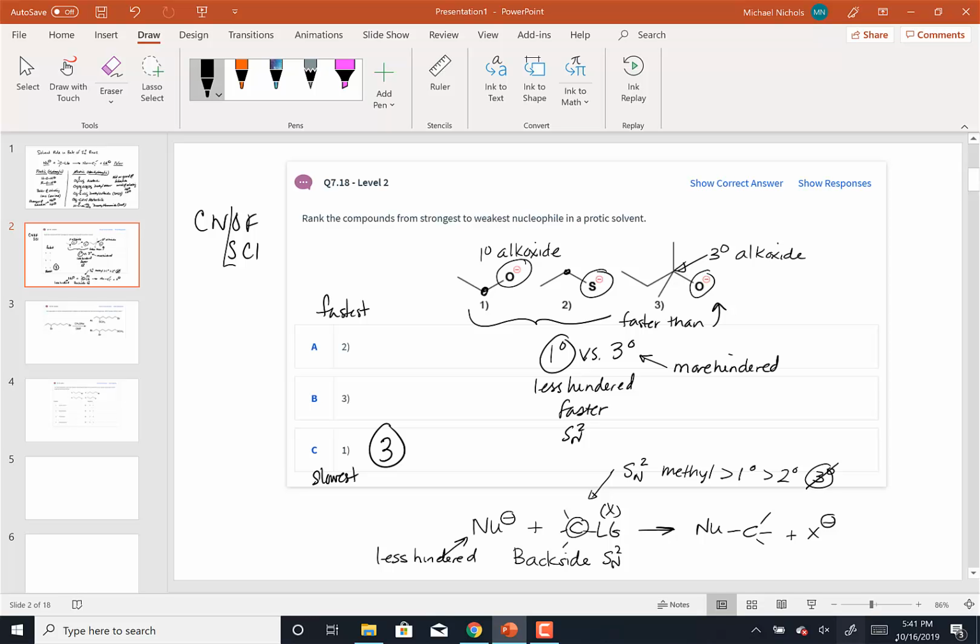It is a vertical relationship. The fact that it's a vertical relationship means that polarizability is the determining factor. Which atom is bigger, sulfur or oxygen? Sulfur. And so sulfur is more polarizable.